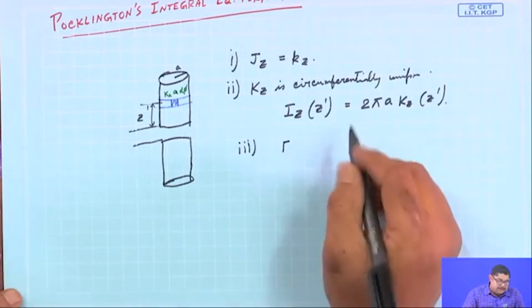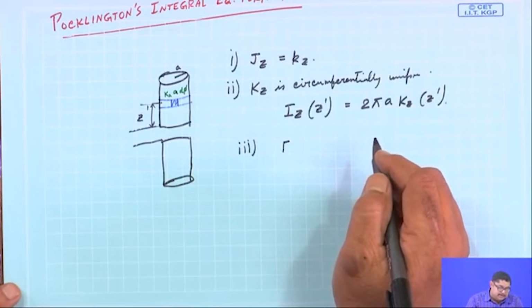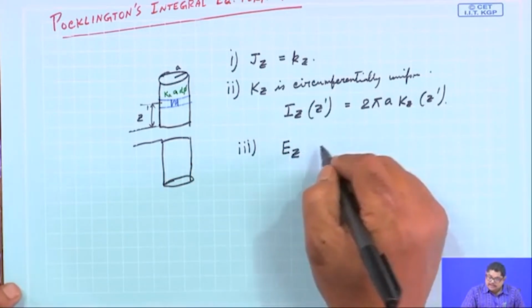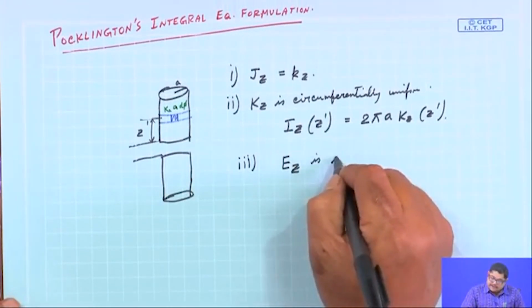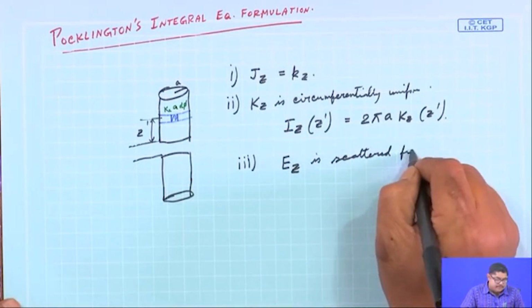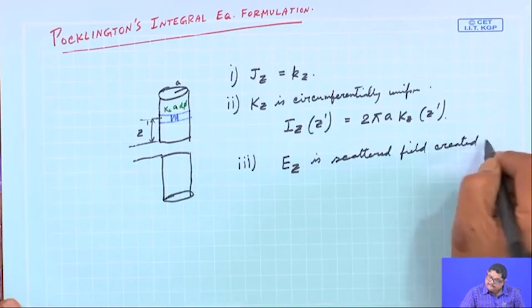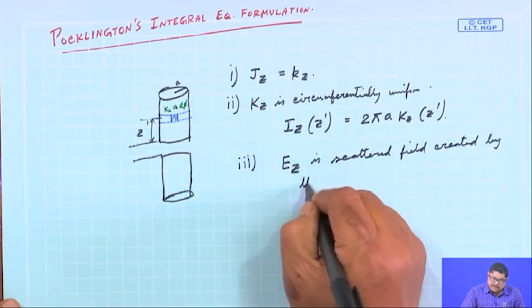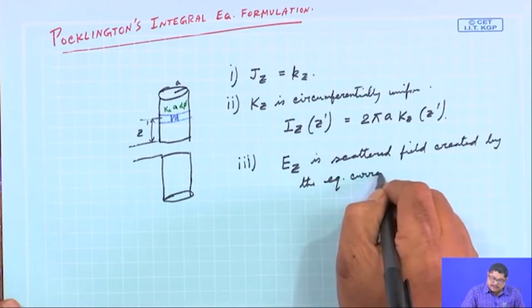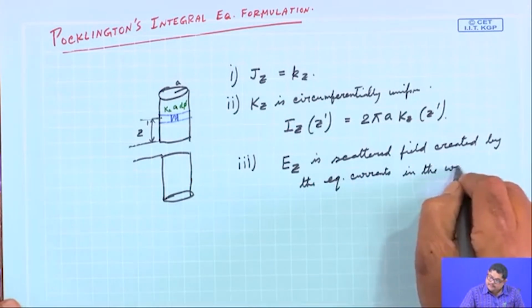There is a scattered field. So, E z is a scattered field created by the equivalent currents in the wire.